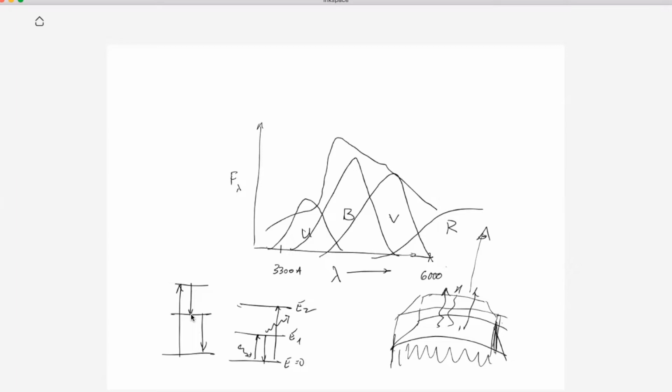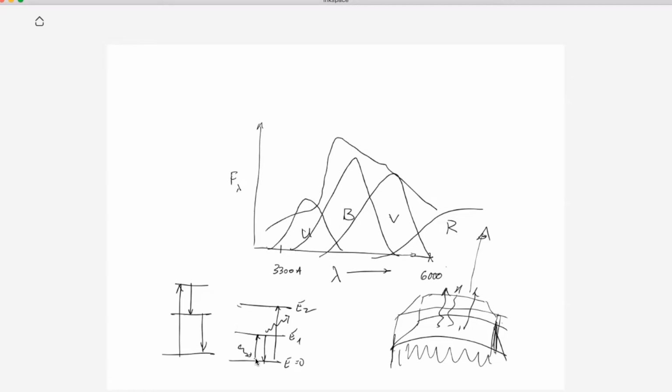Those are going to just sit there waiting for somebody to come along and kick them in the head. It'll take a very, very low density medium to not produce a collision that'll de-excite it without the re-emission of a photon. Okay?